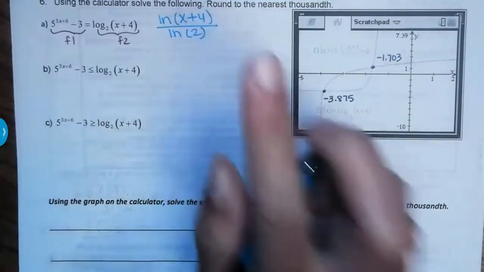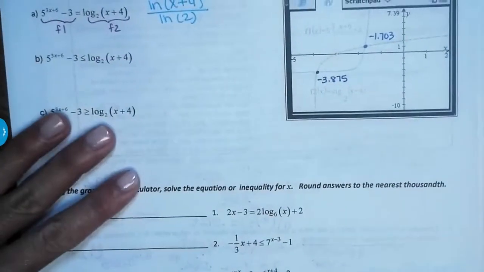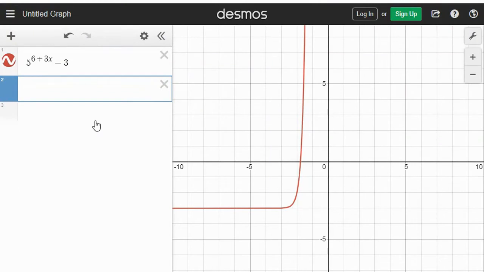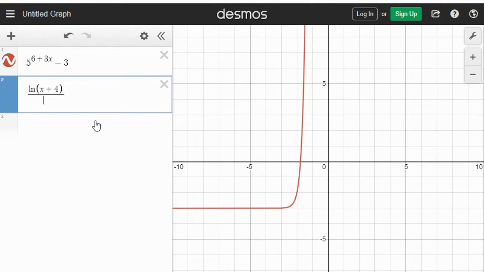So we need to type it like that. So natural log of x plus 4 divided by natural log of 2.